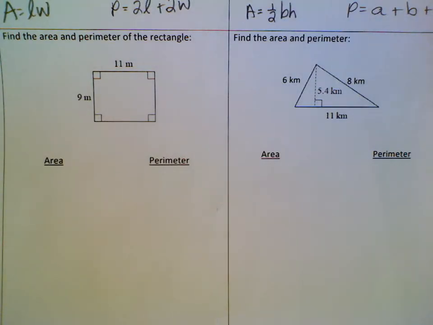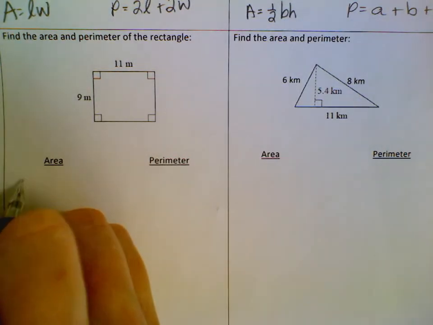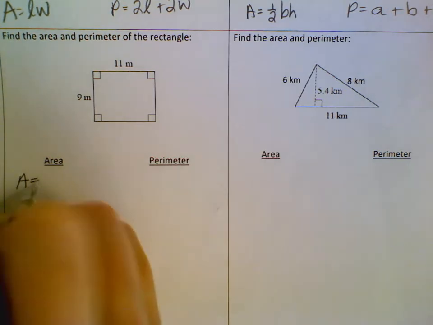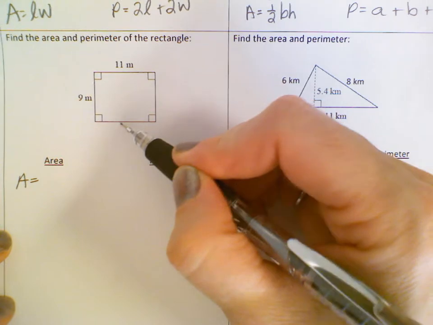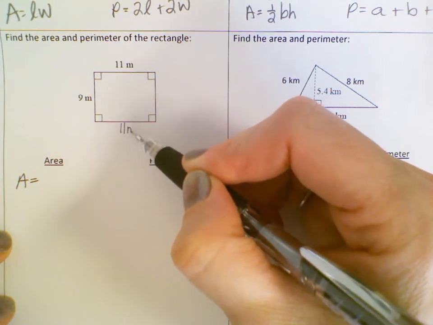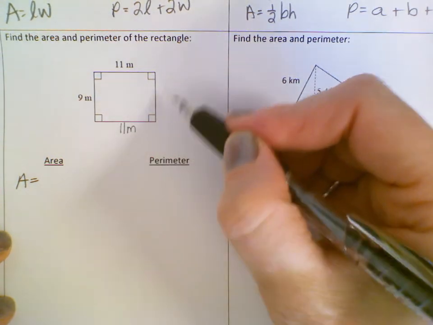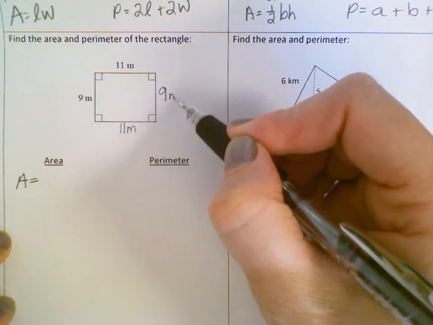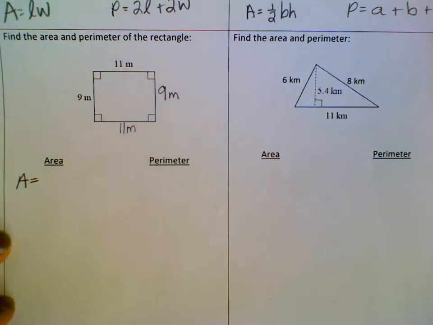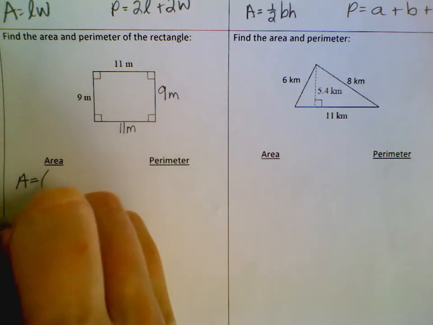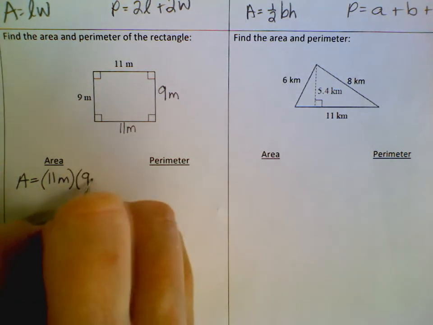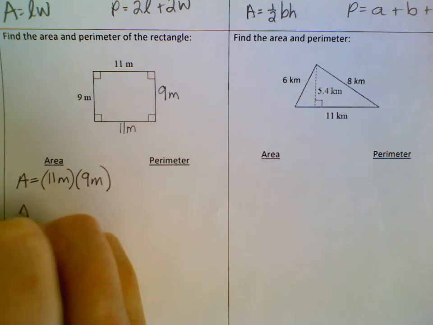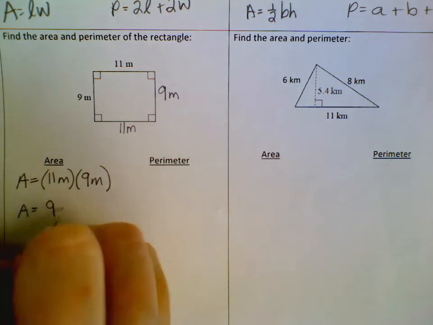All right, so now we'll go ahead and compute the area. So we know we're just going to multiply the length and the width together. So length is 11, width is 9, and if you saw it the other way around, that would have been fine as well. So if I include the units here, when I multiply 11 by 9, I get 99.